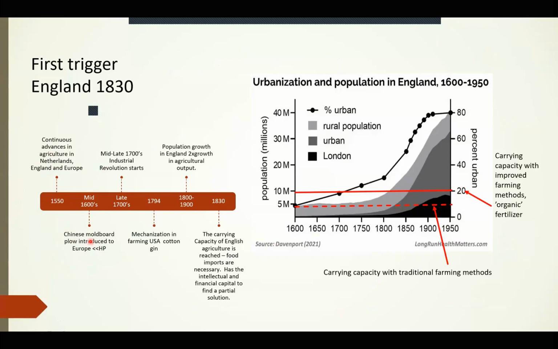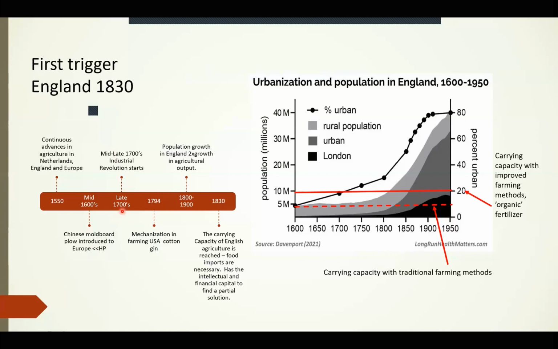It tills better, and so they can get better yields. Mid to late 1700s, the Industrial Revolution starts. As you can see from the graph, people in England and other places start moving into the cities. Mechanization in farming starts in the late 1800s.